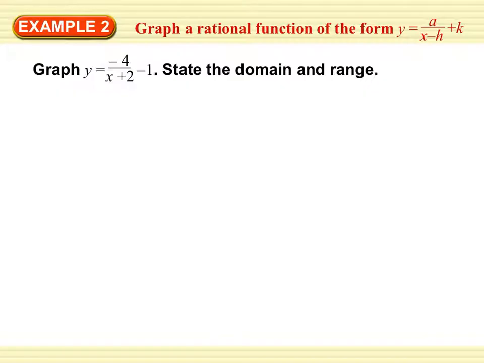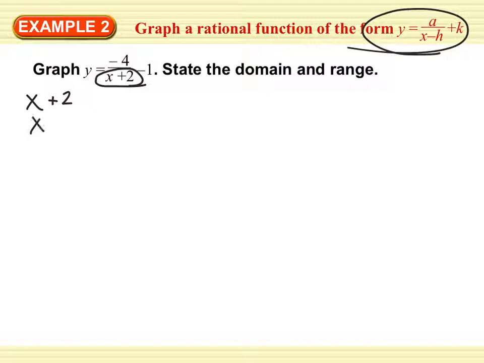All right, let's try one of this form. Right up here, we have the form that we're looking at. Let's figure out our asymptotes. First, let's take the denominator here, x plus 2, but I need it to be in the form x minus h. So x minus a negative 2, therefore h equals negative 2.